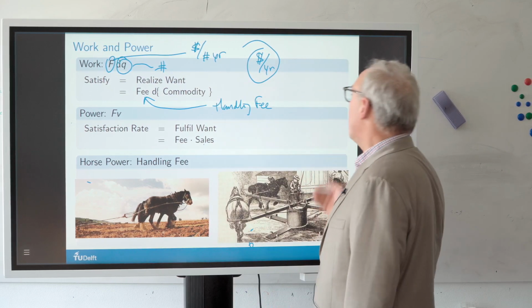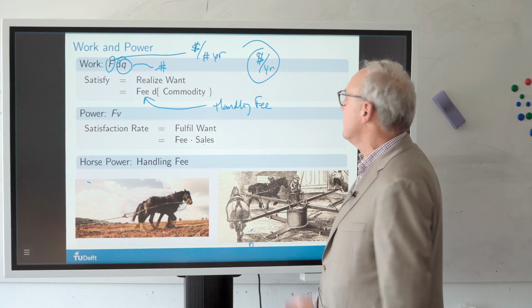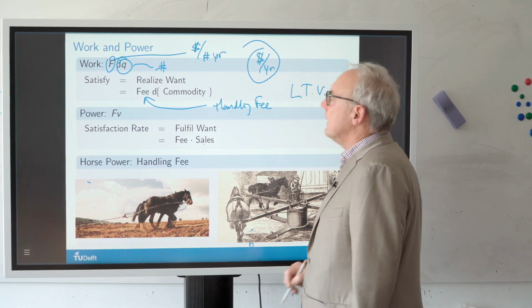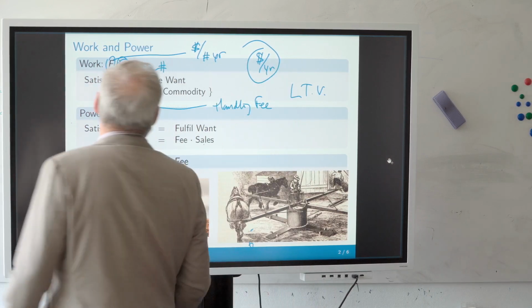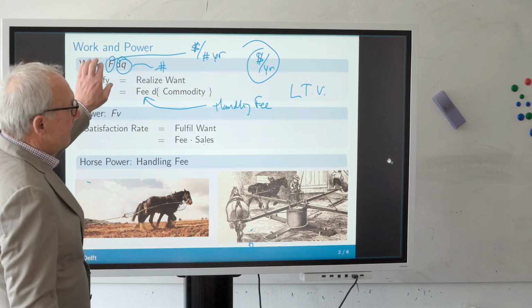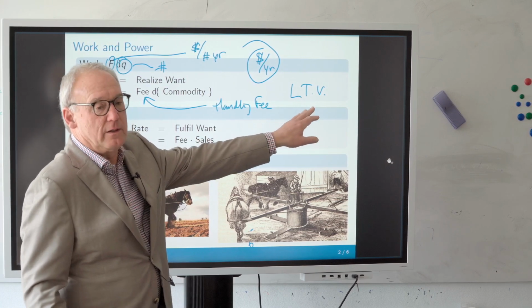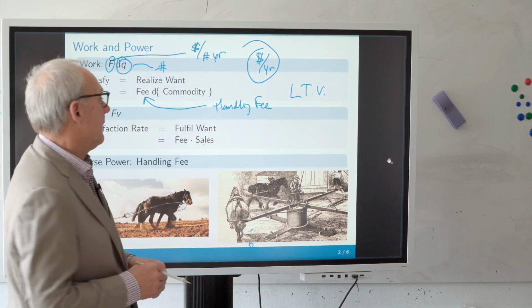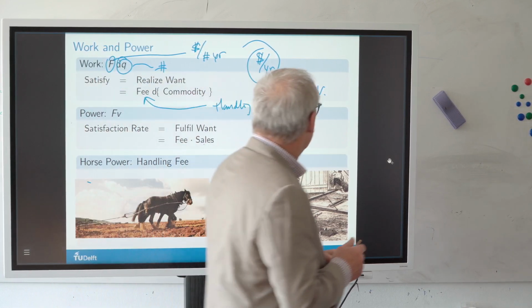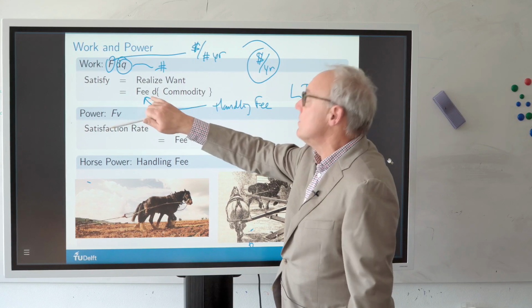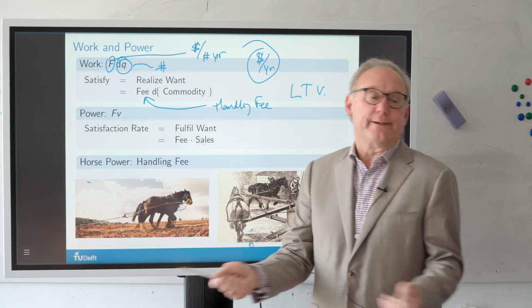This is also what Adam Smith had in mind when he was looking at the labor theory of value, right? So he's looking at the amount of income associated with work. Now you can measure work in terms of the labor, but here I'm just measuring the labor that goes into delivering some product.